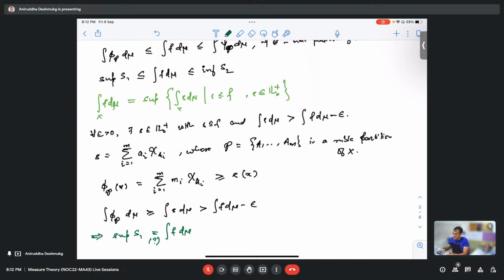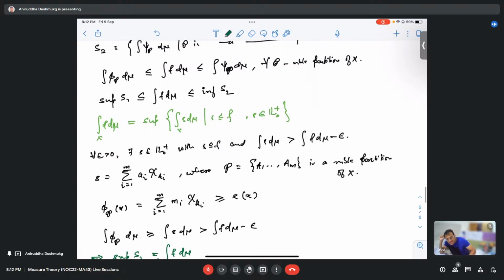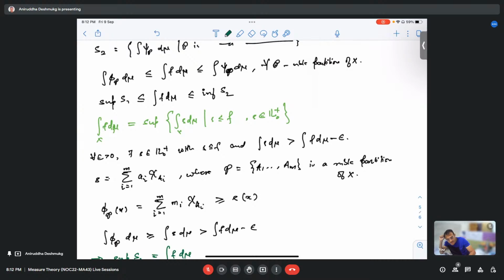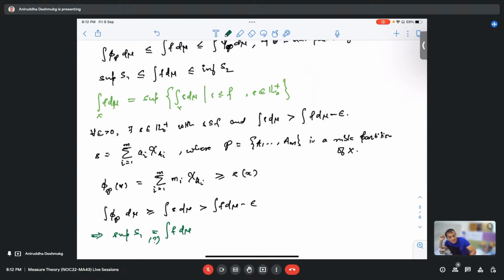Yes, because epsilon is arbitrary. We have already seen that the integral of f d mu is an upper bound, and we have proved that the integral of f d mu minus epsilon is no longer an upper bound. So it must be the least upper bound, or the supremum.